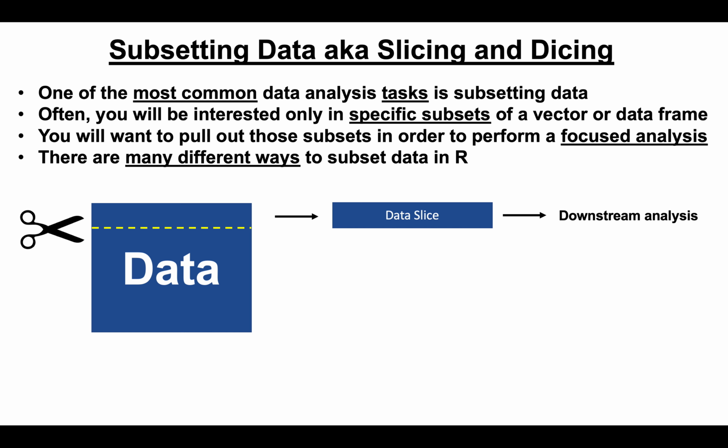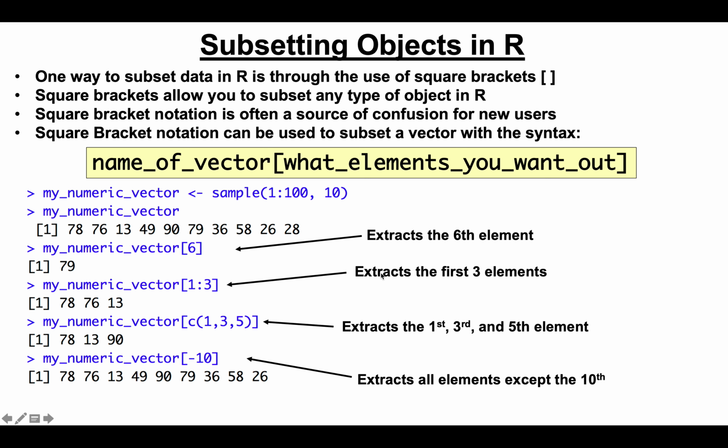I mean, it's something we're just always going to want to be doing with our data frames. That will become clear as you work with data in R. And there's a lot of different ways to do this. So we're going to get started with one way today, one of the more common ways to accomplish this. And so let's take a step back and start subsetting, not with data frames at first, but with vectors. That's a simpler data structure, so it's a good place to start.